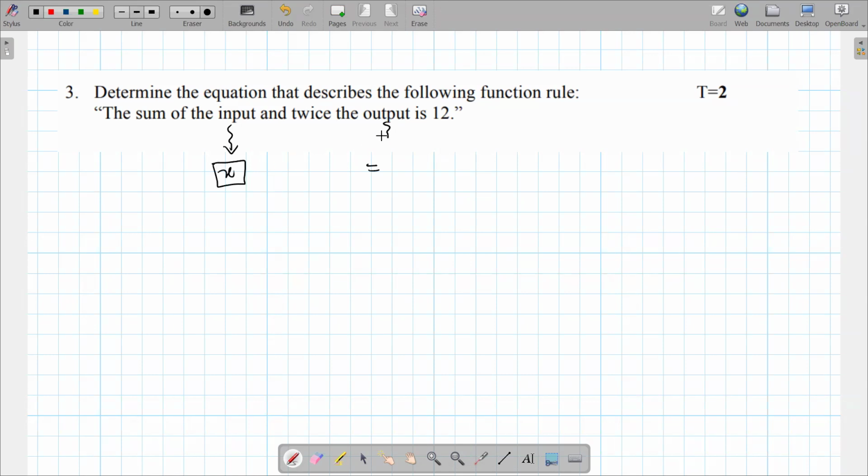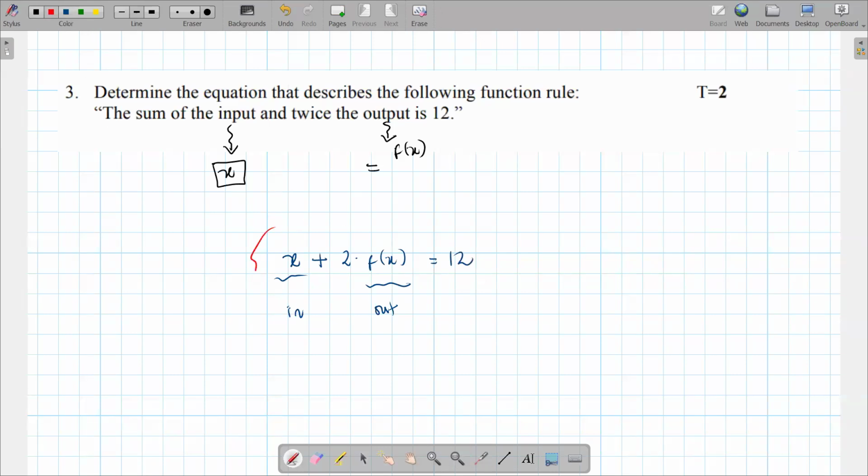Let's say output is f of x. So what does this say? It says the sum of the input, so x, plus twice the output, 2 times f of x. Again, this is the output, and this is the input. That equals 12.